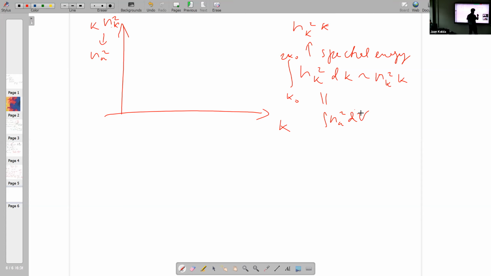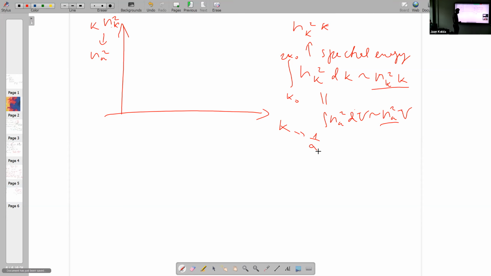So this is on the order of the characteristic value of n_A squared multiplied by the total volume V. So n_k squared and n_A squared differ only by a constant factor of V. And so we can say that the vertical axis is actually n_A squared, and k goes to 1 divided by A, because k and A are reciprocal.